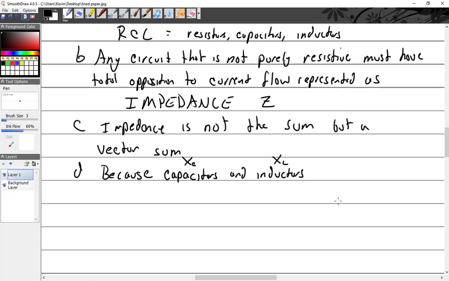Because capacitors and inductors have opposite effects. What do I mean by opposite effects? The phase shift. Phase shift, Eli the Iceman. They're completely opposite. So in Eli the Iceman, I'll write it again, Eli the Iceman.